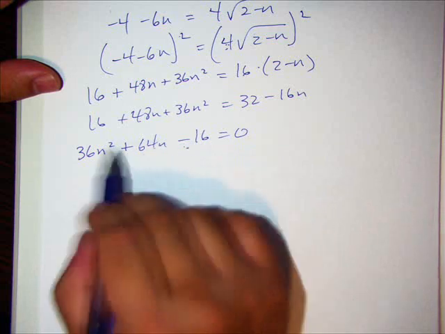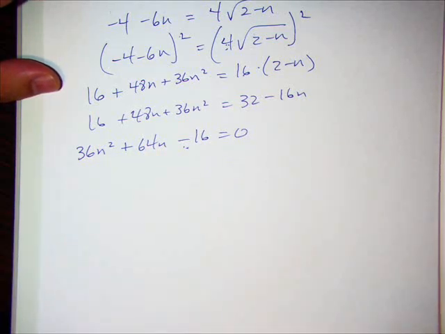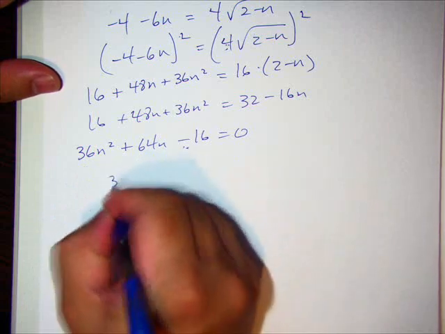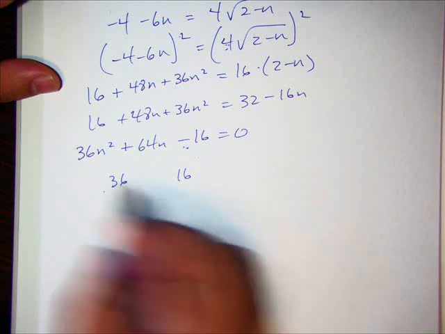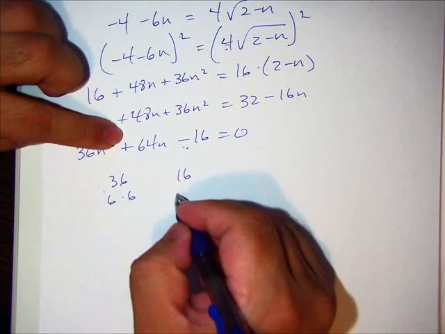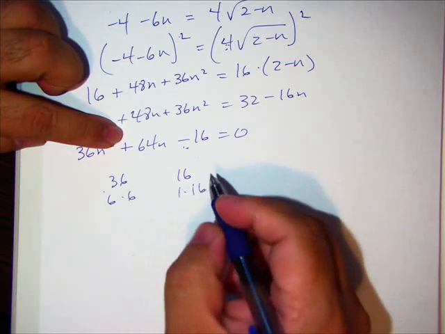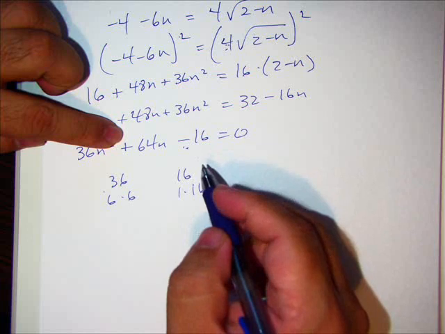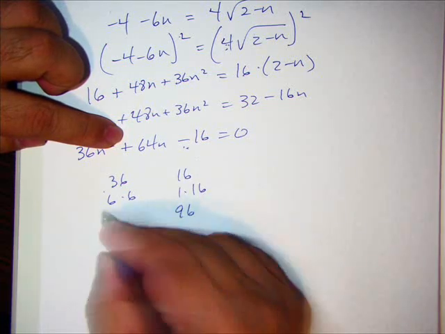Alright, this time we've got to subtract to make the factors of 36 times 16. Well, you know I don't like multiplying those big numbers. So I'm just going to take a look at 16 and 36. So 6 and 6. And I want to end up subtracting, so I want to go 1 and 16. Is that going to be enough? 16 times 6 is 96.